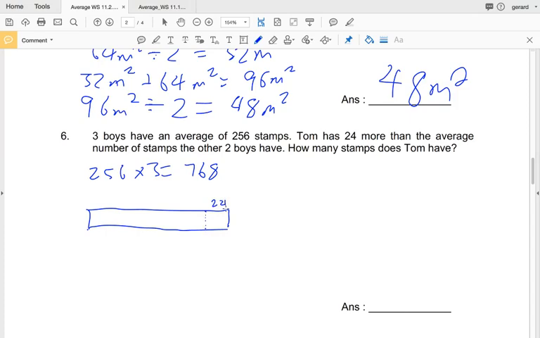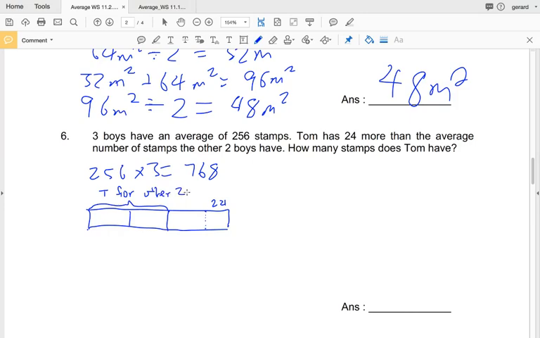If you take away the 24 that Tom has, we can assume that the other 2 boys have an equal number, because we're using average. Tom will have 1 unit, and the other 2 boys are sharing 2 units. Remember, these 2 units are not each boy individually; they mean the total for the other 2 boys.